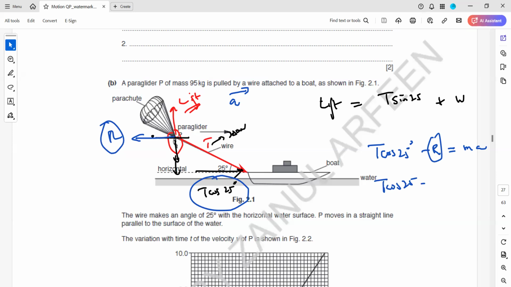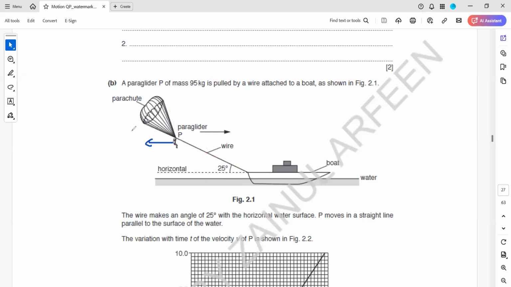R is not the resultant force, R is the air resistance. In the question, they mentioned that the air resistance acting on the glider is R. He's accelerating. The horizontal component of the tension on the glider is 280 cosine 25. So what is the resultant force? The difference of these two will be the resultant force. We have the formula F equals MA, where F is the resultant force.